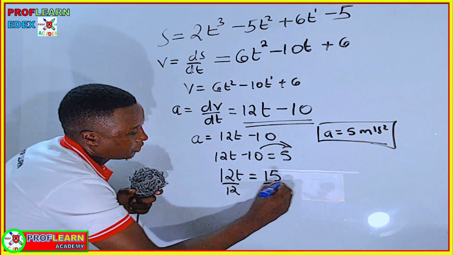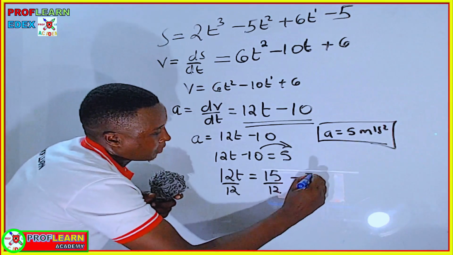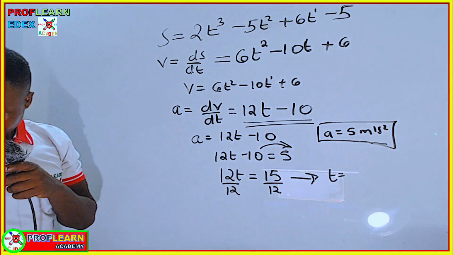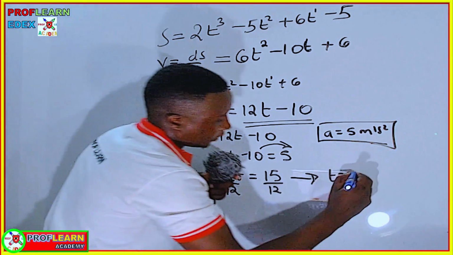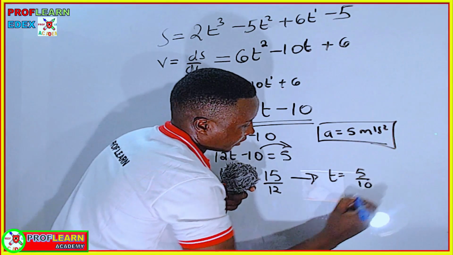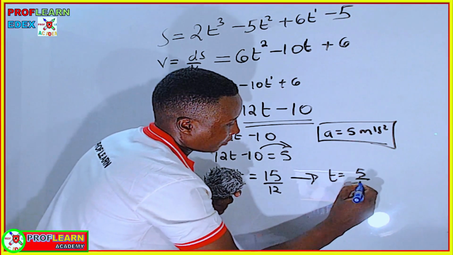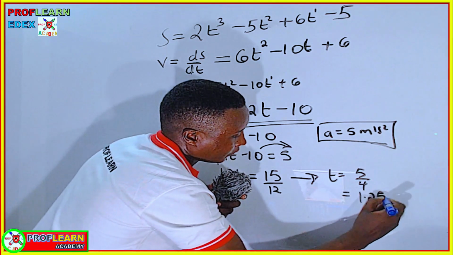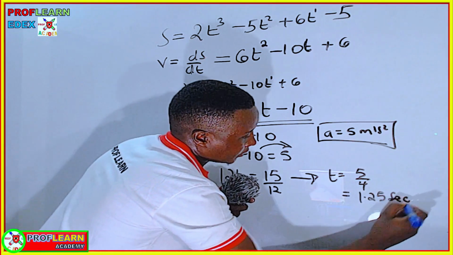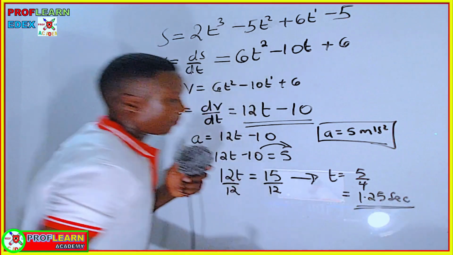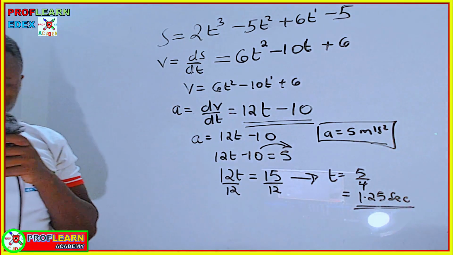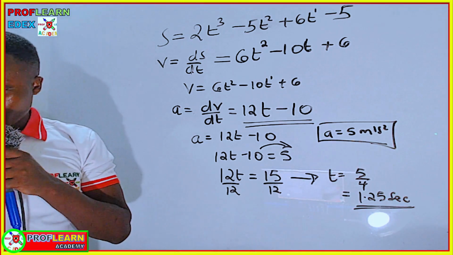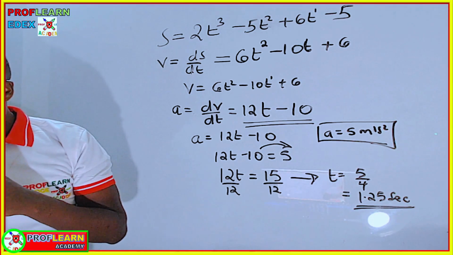Divide by 12. This implies that our t is going to be 5 over 4, which is actually equivalent to 1.25 seconds. So basically, that's what you are supposed to do when you are given questions like this.